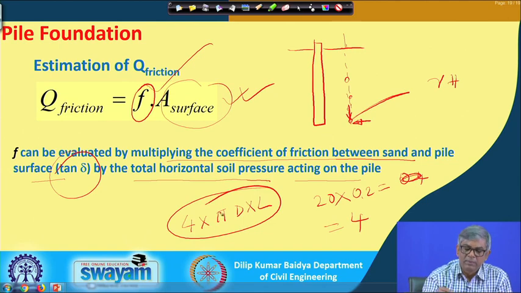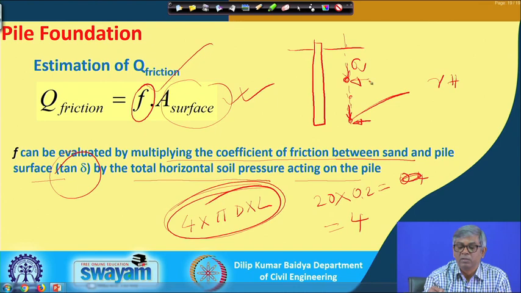Now, if the unit skin friction is constant throughout the depth, then we can find the capacity like this. But your unit skin friction will not be constant, mainly because if I move from here to here, sigma v will be less here, while the lateral earth pressure coefficient will be constant.